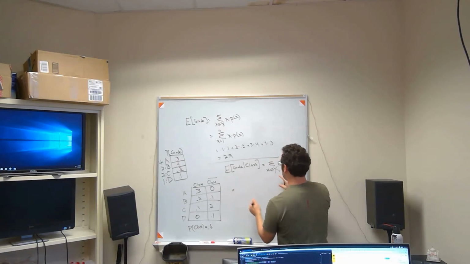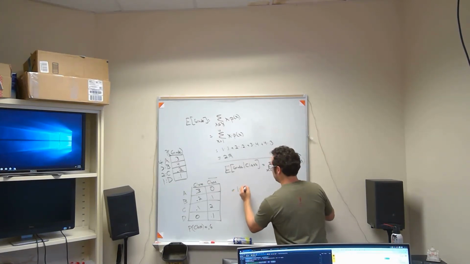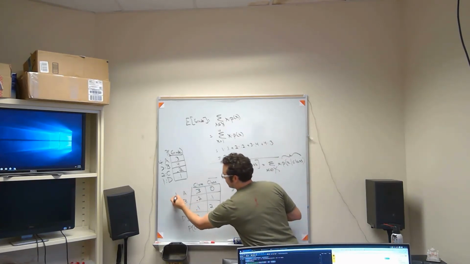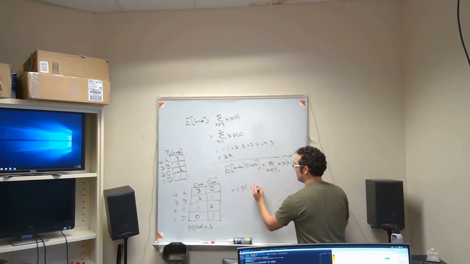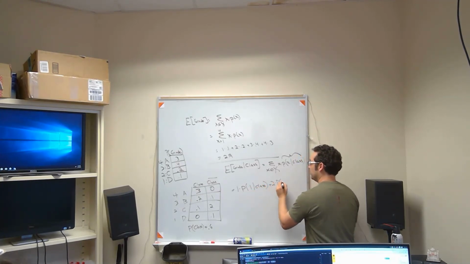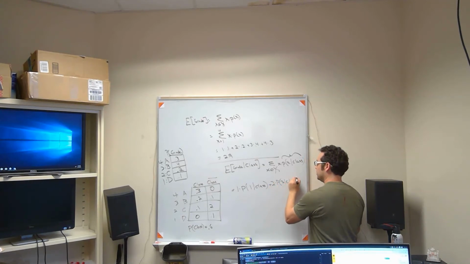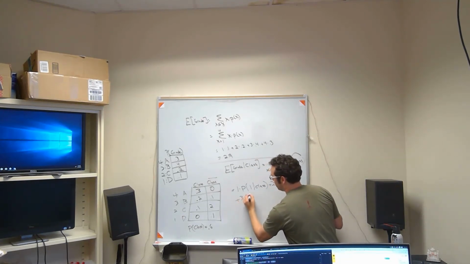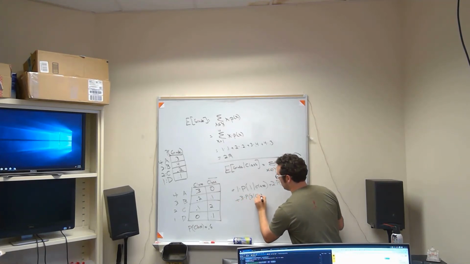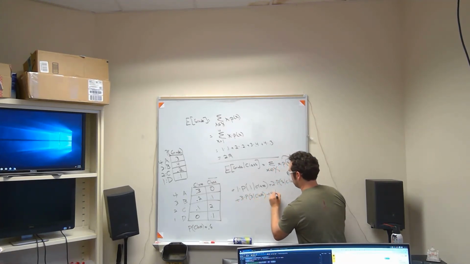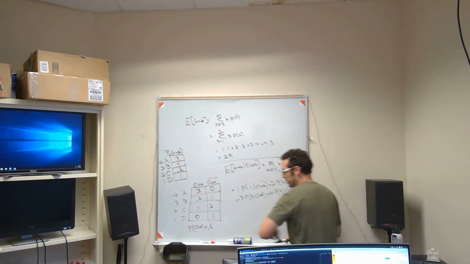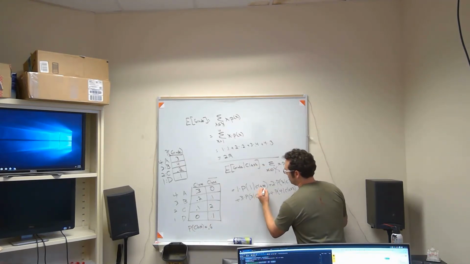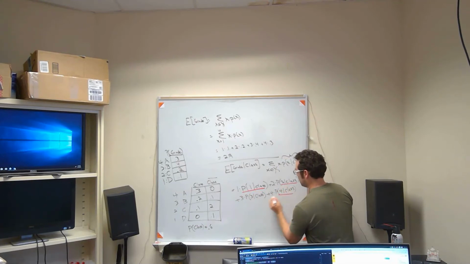This summation is going to be 1 times the probability, again this is 4, 3, 2, 1, so the probability of 1 given class, plus 2 times the probability of 2 given class, plus 3 times the probability of 3 given class, plus 4 times the probability of 4 given class. So we need to calculate each of these conditional probabilities.